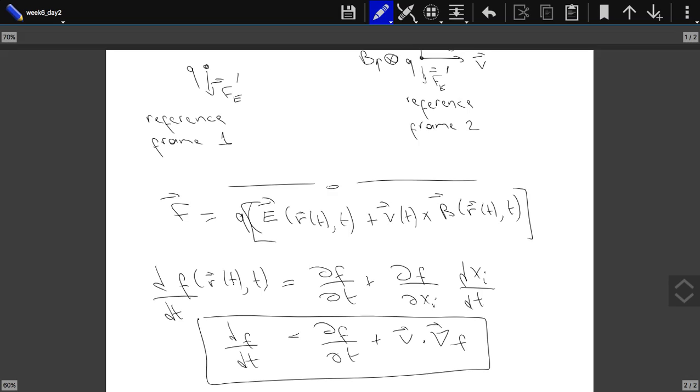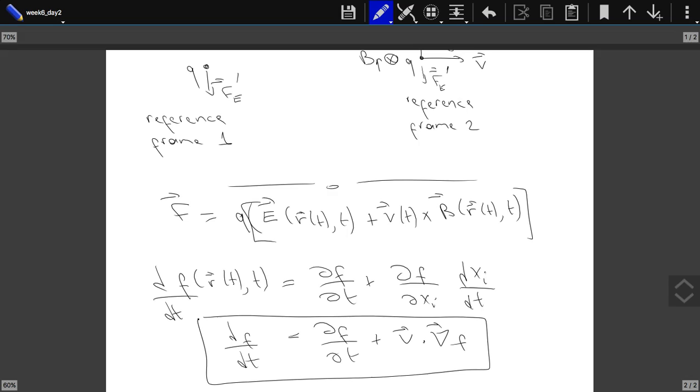So whenever you see a function which depends on time explicitly and also through the position dependence, the total time derivative will be the partial derivative plus v dot the gradient of that function.